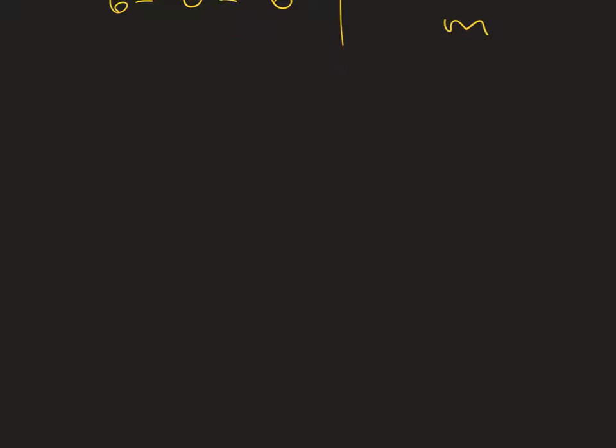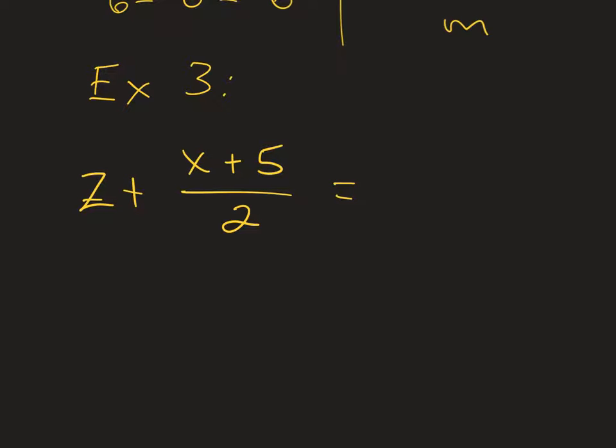Another example. Example 3. Okay, and x plus 5 over 2 is equal to some number. Actually, I want to add something. So z plus (x plus 5) over 2.